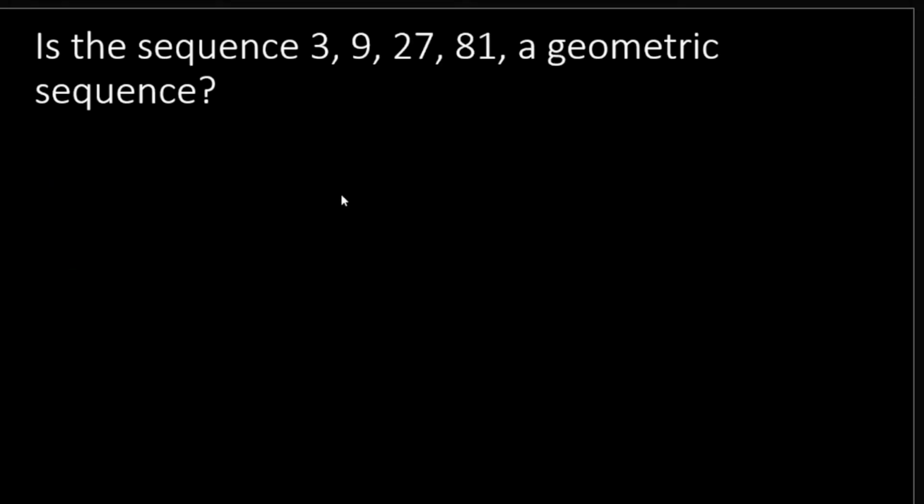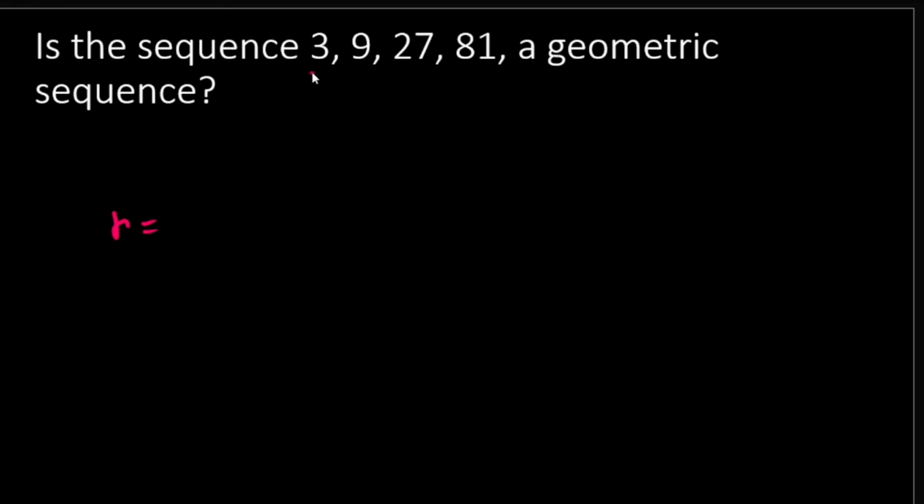Is the sequence 3, 9, 27, 81 a geometric sequence? We know that a geometric sequence has a constant ratio. To see if there's a constant ratio, denoted by a small letter r, if we divide the term by the preceding term of any consecutive terms in a sequence, we should be getting the same answer.